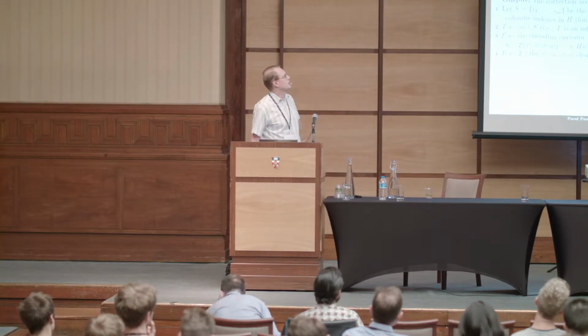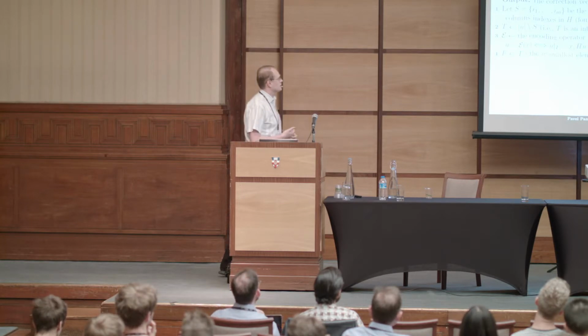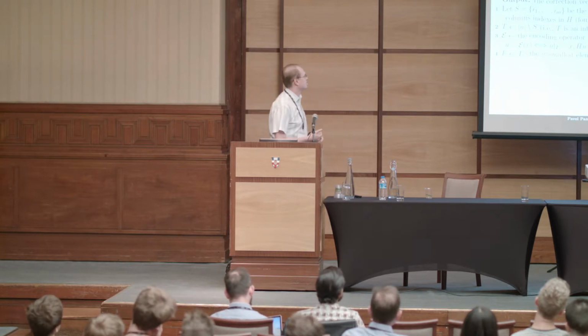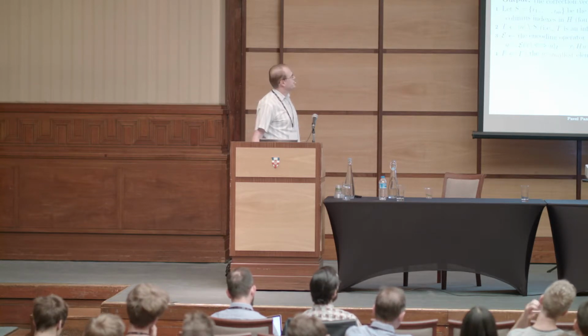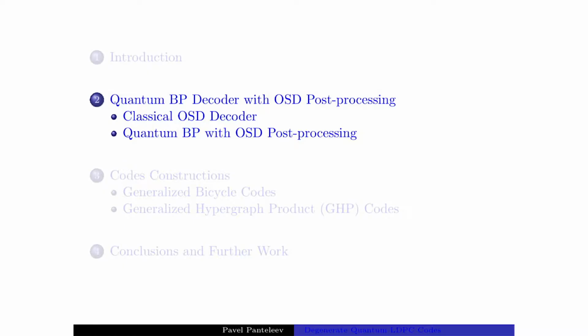And if we want to do the OSD-w decoder, then you can also find a set of the w least reliable bits, and you can just bit-flip over them, look at all of them, and find the best code word in terms of your metric. So it's quite a simple algorithm, and then you return your best code word.